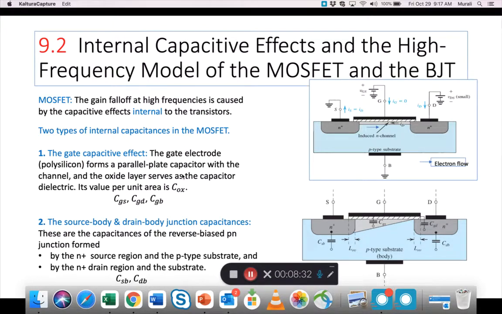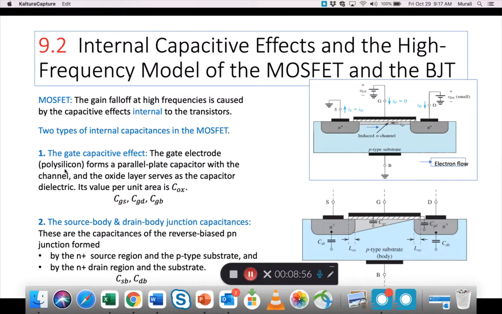So what is the gate capacitive effect? The gate electrode, which is this electrode, forms a parallel plate capacitor with the channel. So there is a channel here and there is a gate here, and in between is a dielectric, right? These two are conducting. The dielectric is an insulator, hence a capacitance is formed. You can easily understand that.